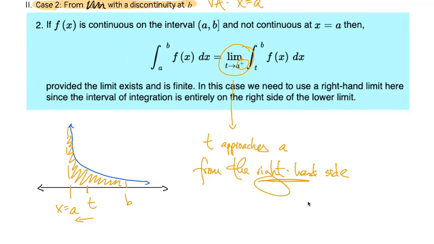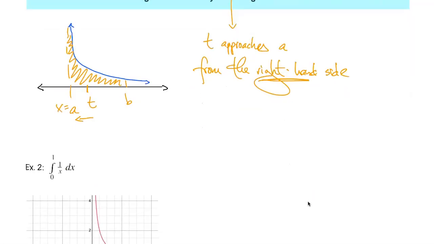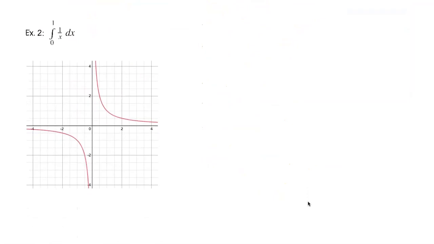Okay, so let's take a look at our examples here. Very similar to things we've seen before, we've got our 1 over x. It is our rational function, our inverse function with the 2 branches. And this function does have a vertical asymptote at x equals 0.